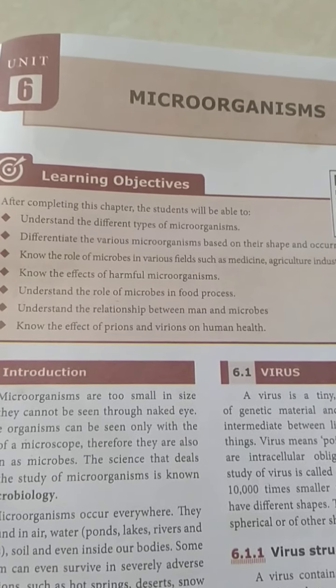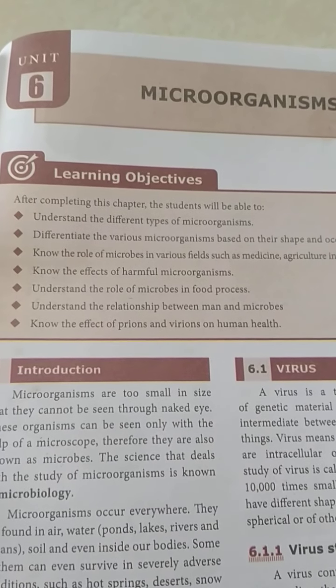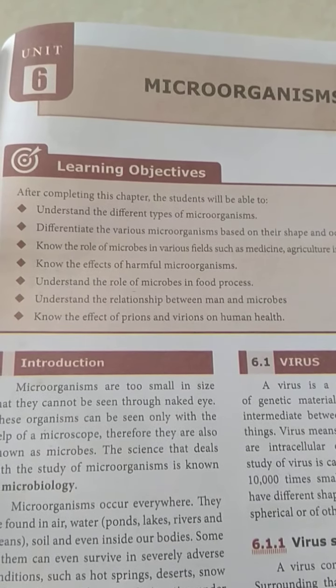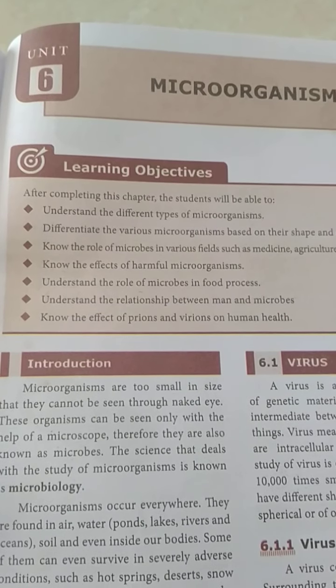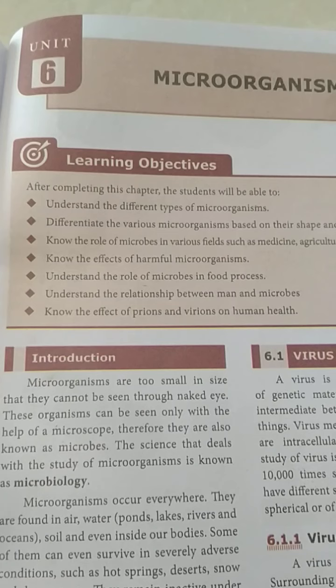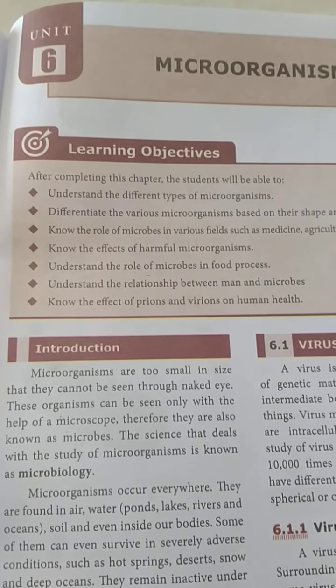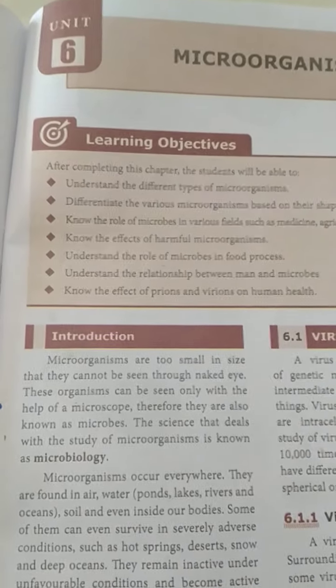Next, a few effects of harmful microorganisms, and the relations between man and microbes. Then you are going to learn about the effects of prions and virions on human health. These are the learning objectives of this lesson.